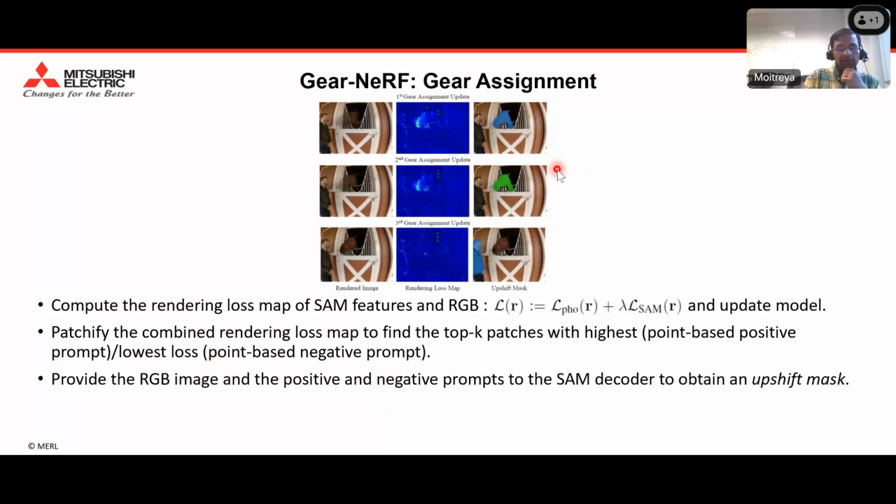What we see in this figure here is, upon rendering, we find that first you have this horse head, which is the most lossy region in the scene. And so what you do is you upshift the gear of it. You say, I need to do a better job of rendering this horse region. And the hypothesis is that the reason this region is most lossy is because this region has the highest motion, right?